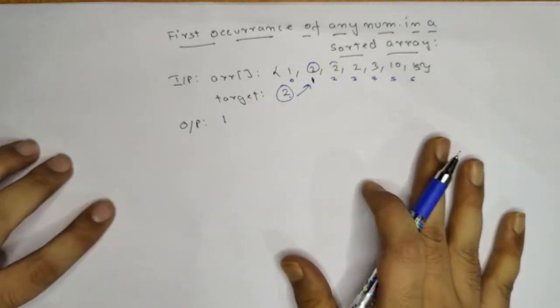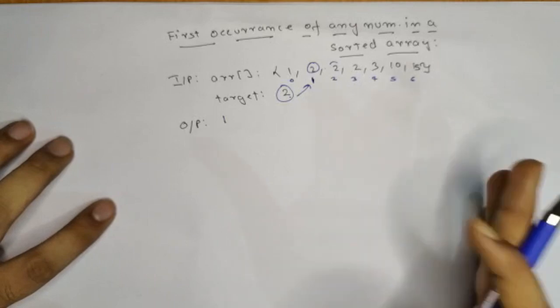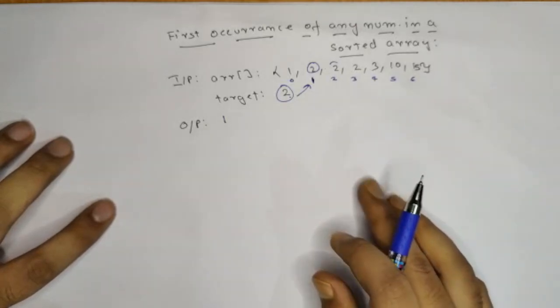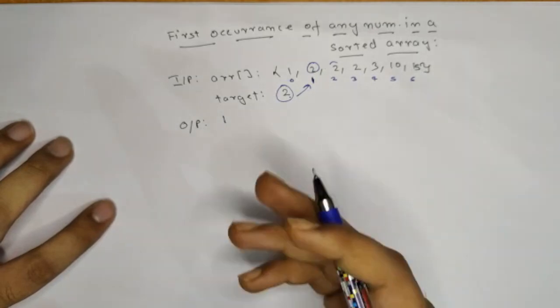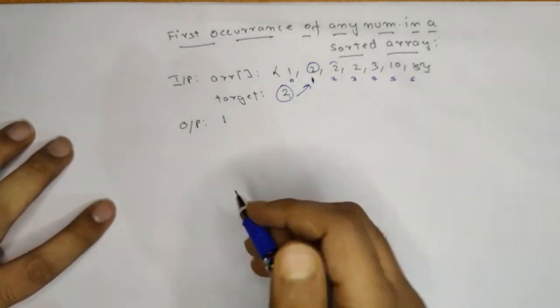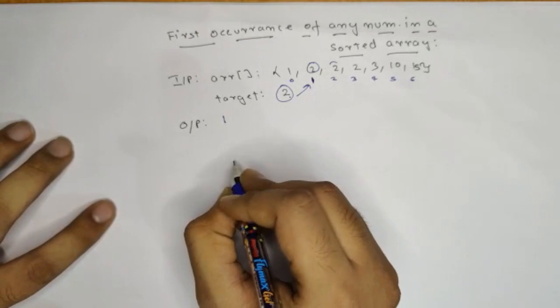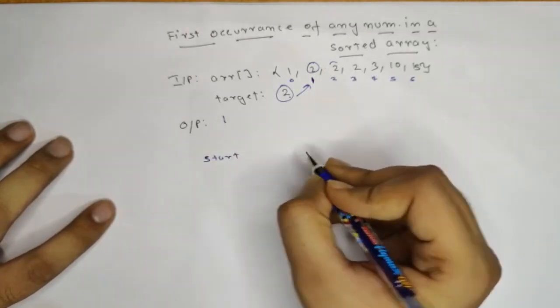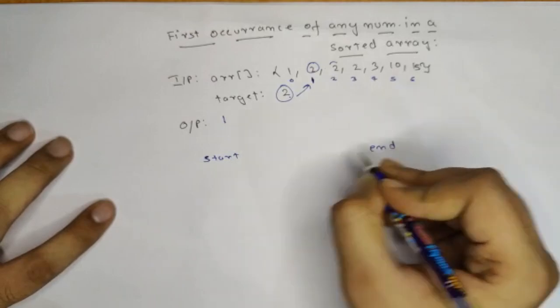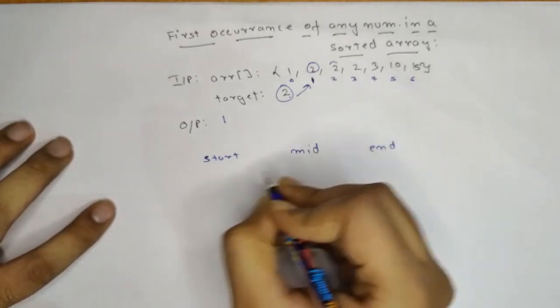I hope you have already watched my video on the binary search algorithm, but I will discuss it one more time here because we will be using binary search to solve this problem. In binary search we have basically 3 pointers or variables: first is start, then end, and one is mid.